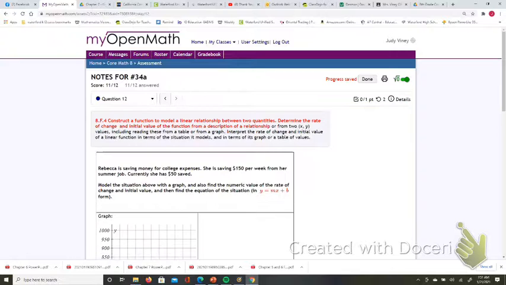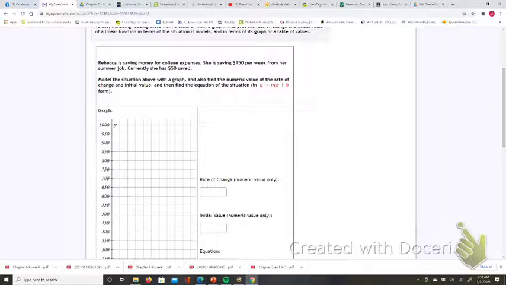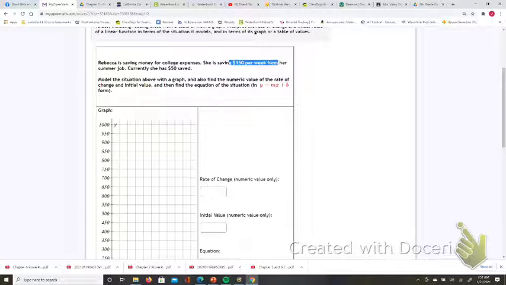And the last one, number 12. Rebecca is saving money for college expenses. She's saving $150 per week from her summer job, and currently she has $50 saved. Okay, we always have to start with how much she has now. So how much does she have now? She has $50 now.